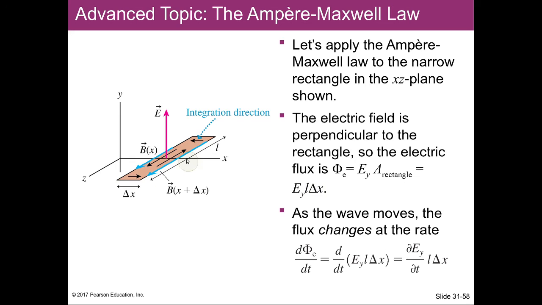Now you might argue we really should integrate over the area carefully, because the electric field may change as we move along x. And yes, you are right, but remember delta x is going to become small, and so how it changes is negligible in the limit of delta x becoming very small, and so we can assume that Ey is constant here across our rectangle that's becoming a more narrow strip as delta x becomes small.